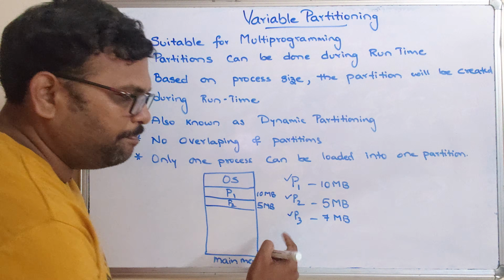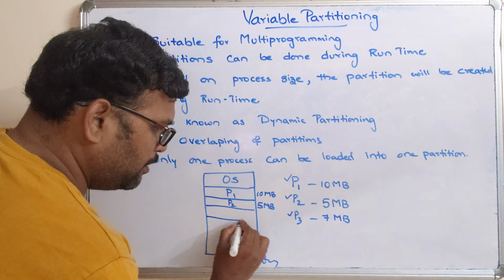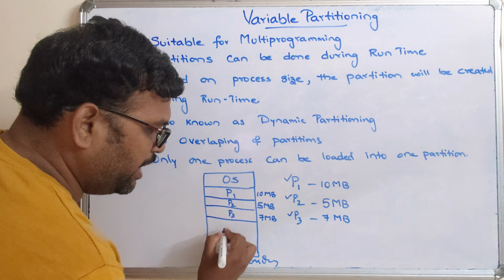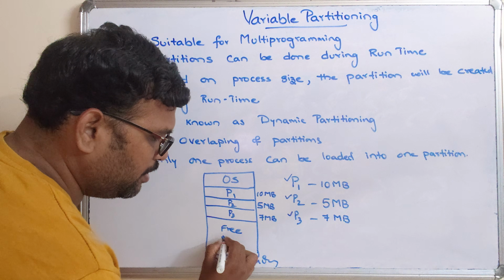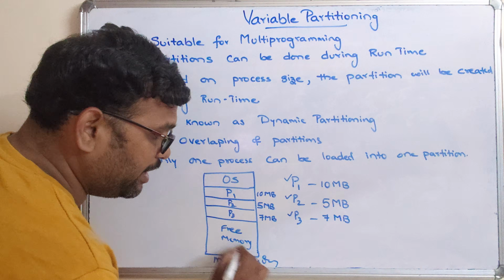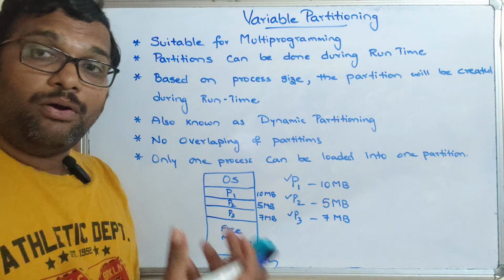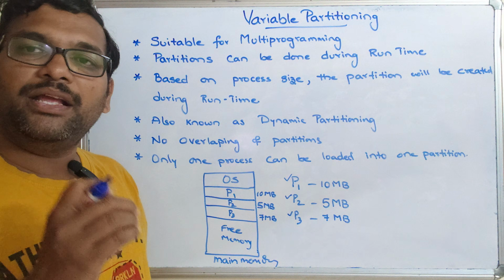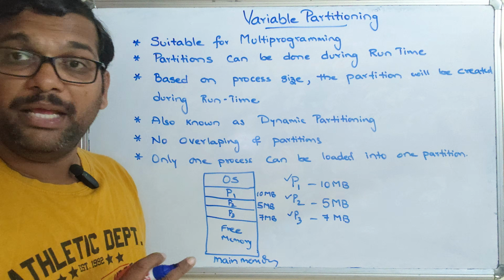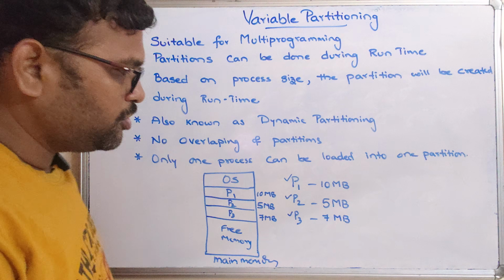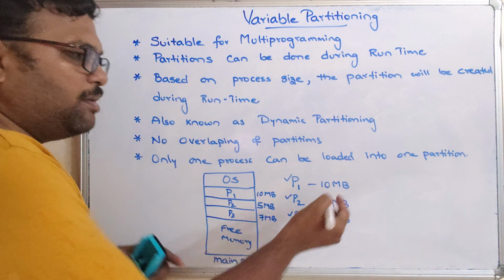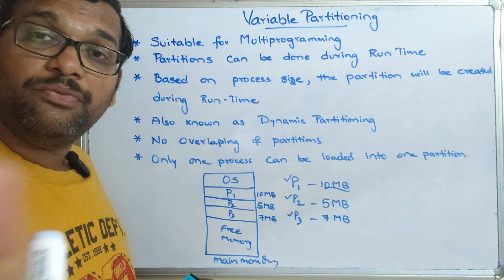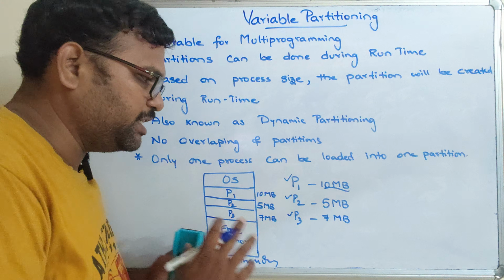Now coming to P3, one more partition of 7 MB will be created and P3 will be loaded, and all the remaining will be free or unallocated memory. We can accommodate some more processes into this free memory until the main memory is full. So during runtime, depending upon the size of the process, these partitions will be created. That's why we are calling it dynamic partitioning.